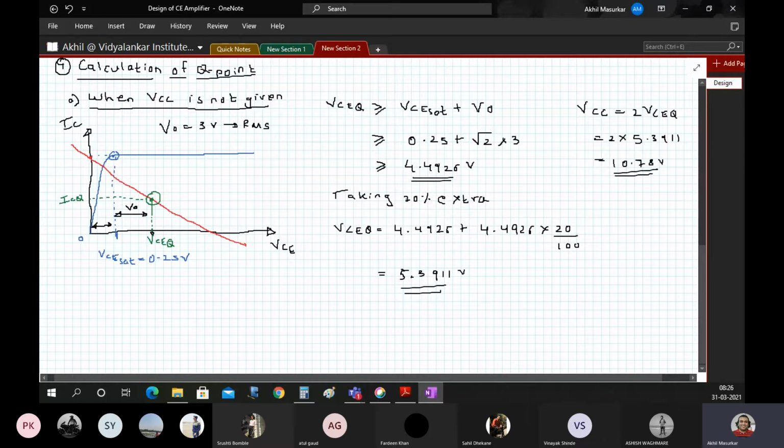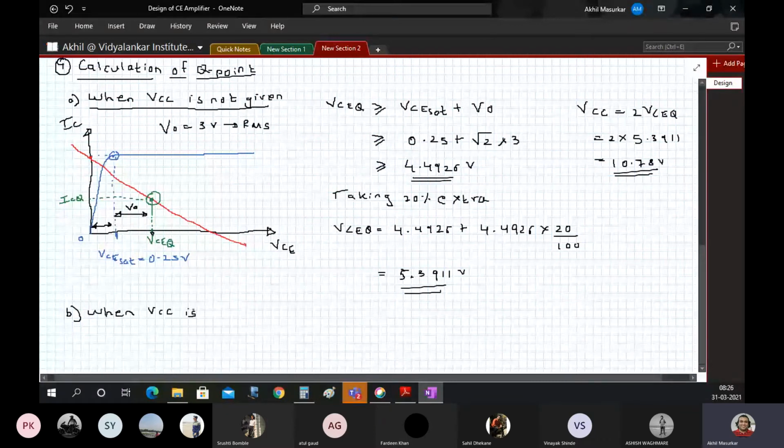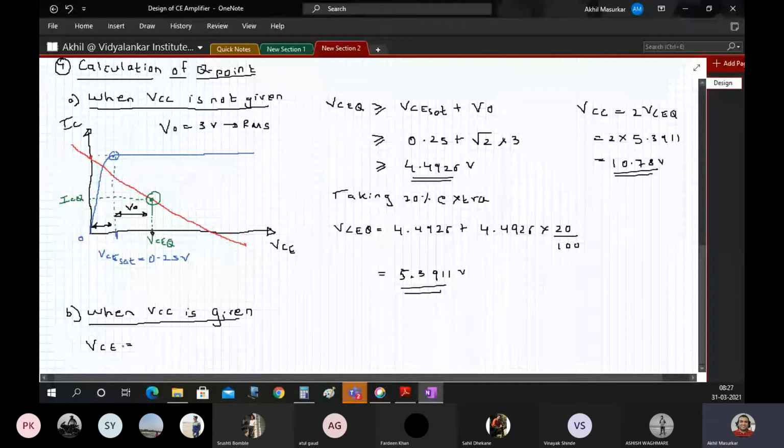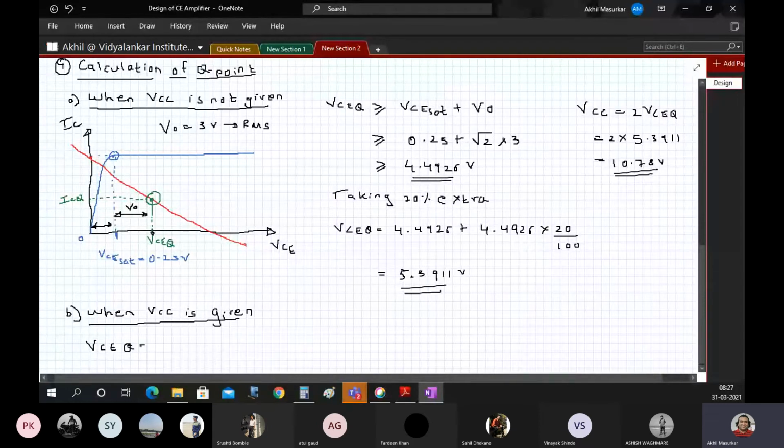So if VCC is not given, we can calculate VCC through VCEQ. And when VCC is given, as in our problem, VCEQ is equal to VCC by 2. So 18 by 2 is equal to 9 volts.